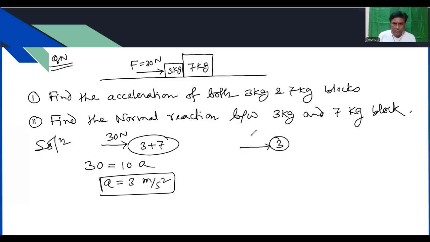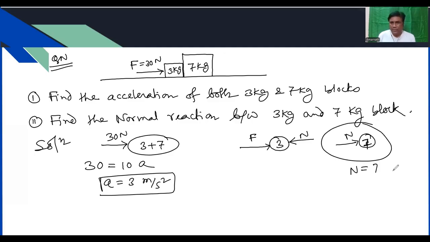So it will be F, it will be N. If it is 7 kg, for 7 kg, actually only one normal reaction is there, okay? So I think it will be easier to solve, okay? So N equal to what? 7 into A. So N equal to 7 into 3. So it means N equal to 21 Newton.